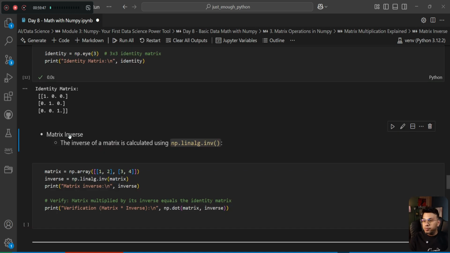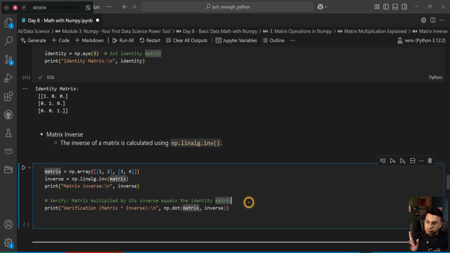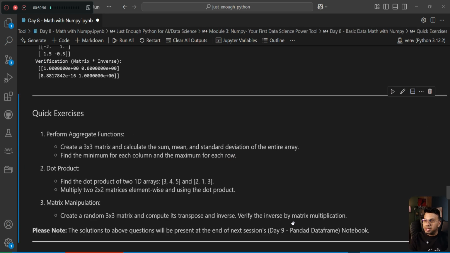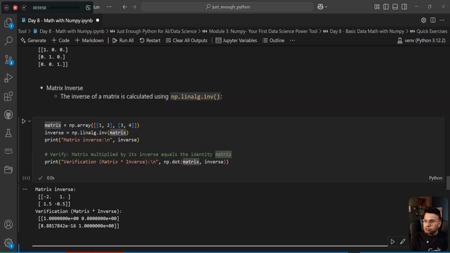Next, we have the matrix inverse. So we can also calculate the inverse of a matrix. What's the inverse of a matrix? Let's first execute this code and then understand. So we have our initial matrix, that is 2 rows and 2 columns, 1, 2, 3, 4. And then we are calculating the inverse of this matrix.